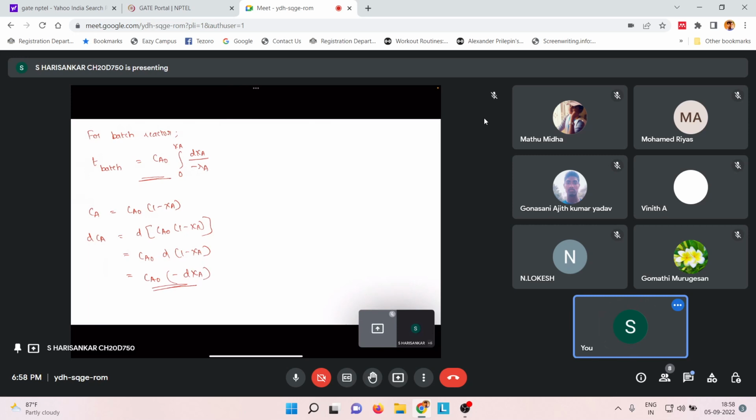So dCa is equal to minus Ca0 into dXa, or Ca0 dXa is equal to minus dCa. Just substitute this here, because we have Ca0 and dXa. So we can rewrite this equation as the integral from Ca0 to Ca of minus dCa by minus Ra. This is the general equation for design of a batch reactor.